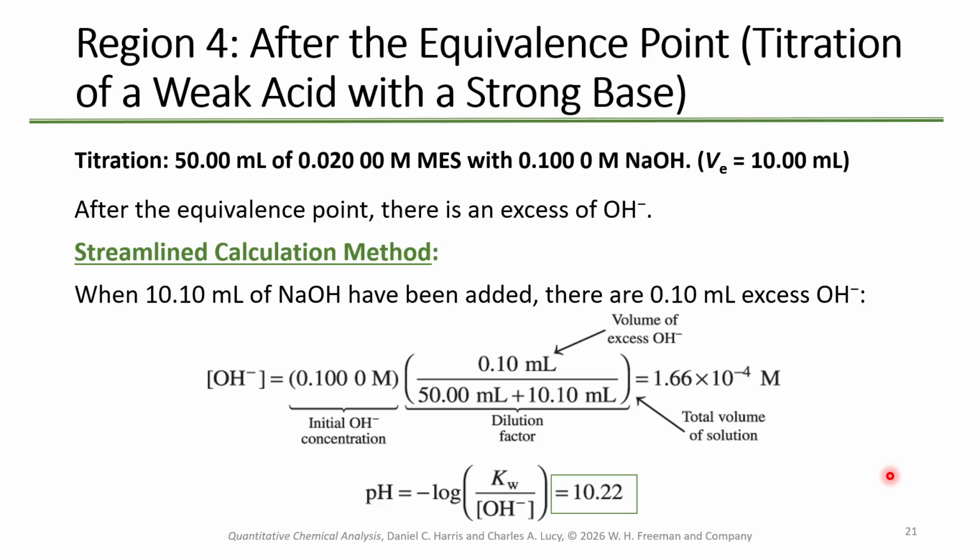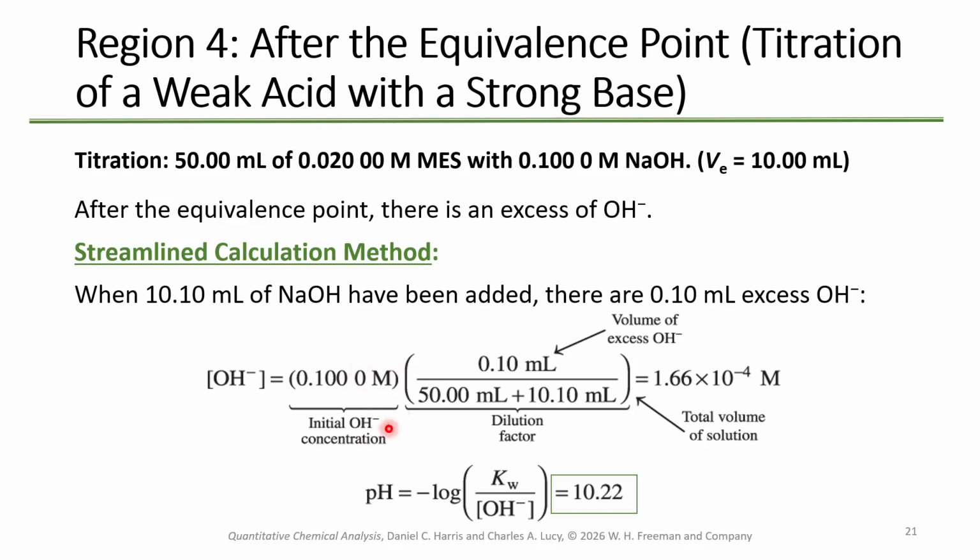Okay. Now, let's go ahead and look at region 4. This is going to be past the equivalence point. So, after we've hit the equivalence point, every single drop of that NaOH we've added is going to be excess OH minus, right? And so after 10.10 milliliters of NaOH, we're going to have an excess of 0.10 milliliters of OH minus.